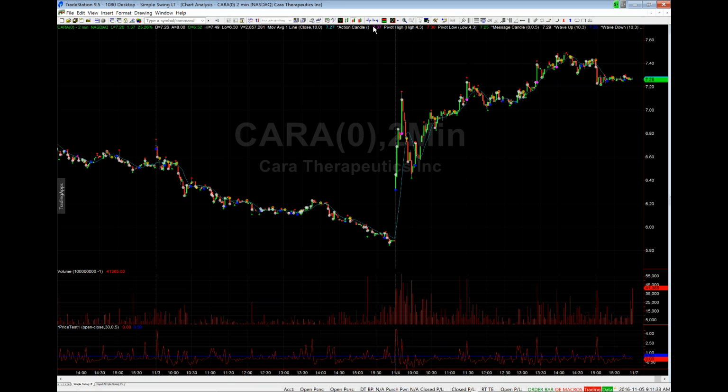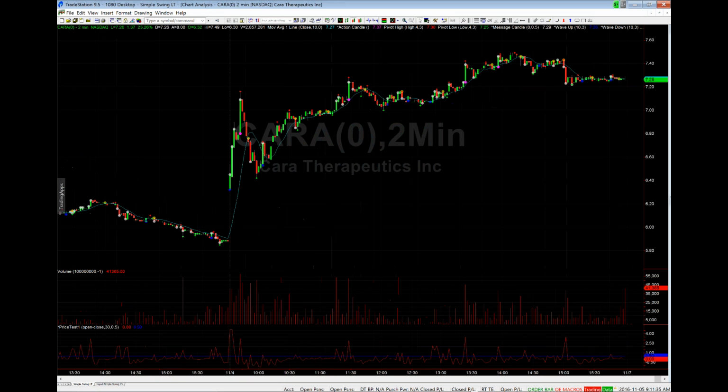So for example, on the chart that you see here on screen, there are a number of my indicators. I'll just try to circle them here, this blue dot right here, that's called a wave up indicator. You've got a gold one there, that's called a wave down. See that there's a pink dot on that chart, that's called an action candle. White dots, which you can barely see, but there is one there, and actually quite a few of them.